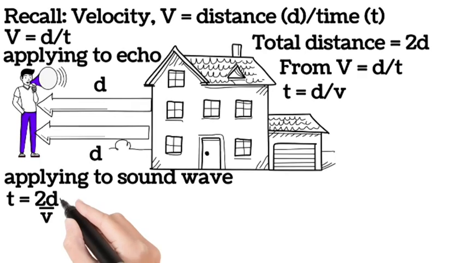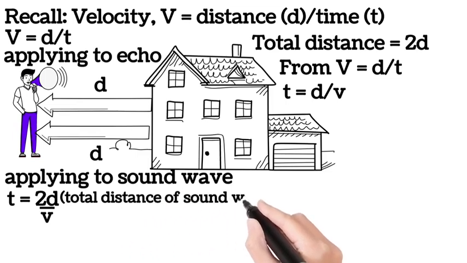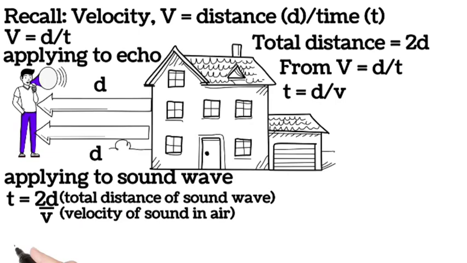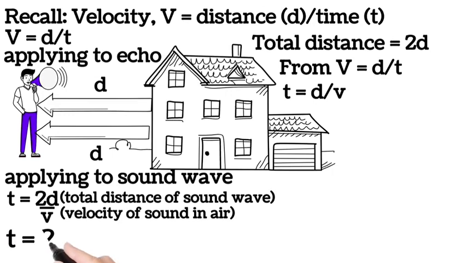Therefore, t, which is our time, equals 2d over v. The D is the total distance of sound wave, and the v is the velocity of sound in air. The 2d is the total distance of sound wave, which is the illustration I just gave now.